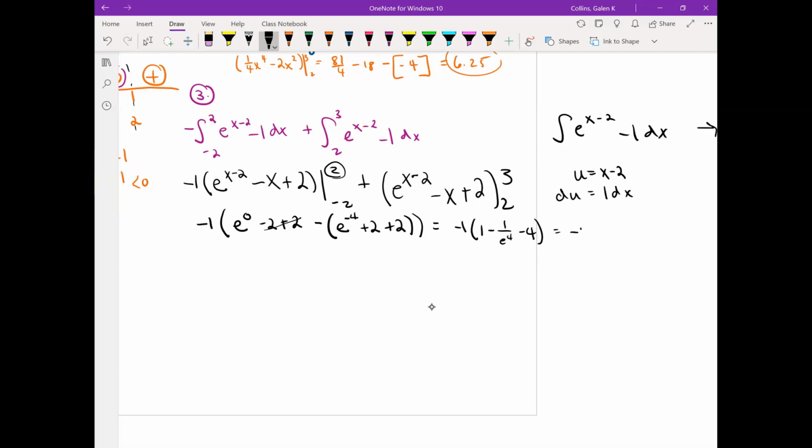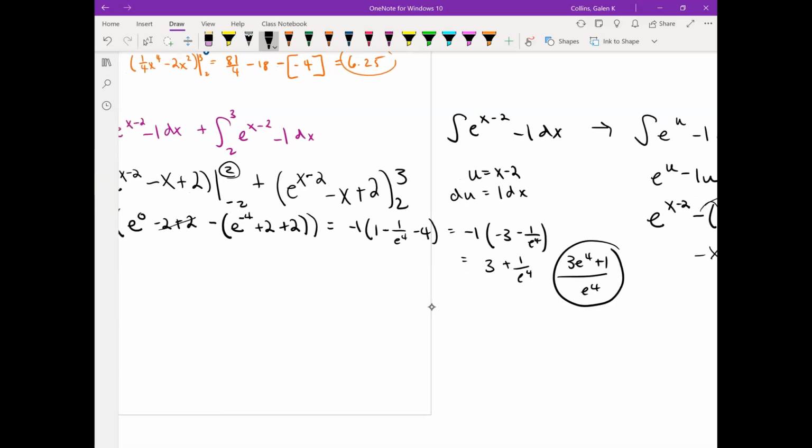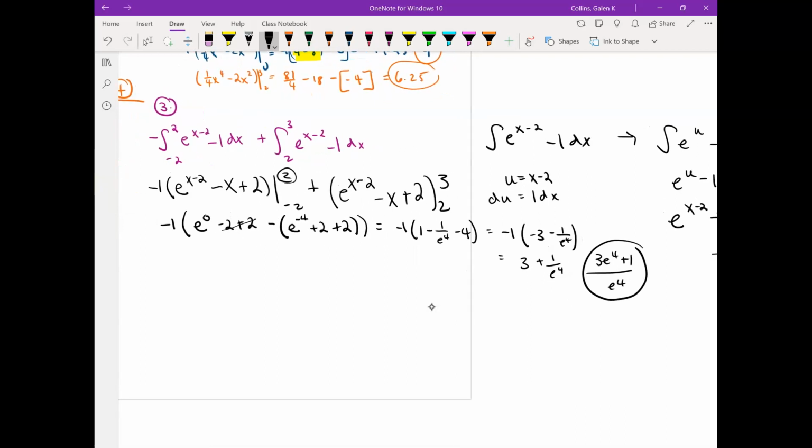So this is negative 1 times negative 3 minus 1 over e to the 4th. And then if I distribute the negative 1, that is 3 plus 1 over e to the 4th. Or if I wanted common denominators, I could say 3 e to the 4th plus 1 over e to the 4th. All right, that's just my integral from negative 2 to 2.